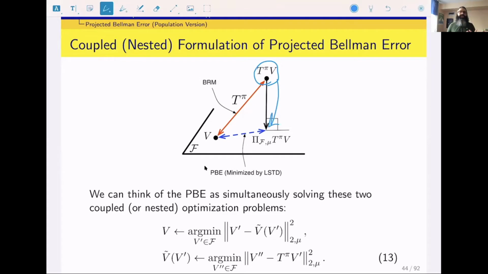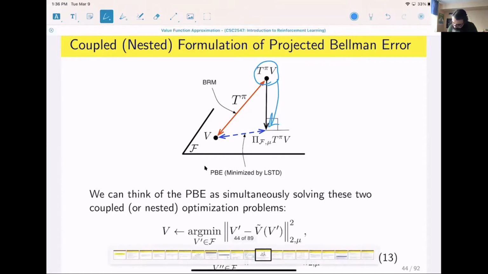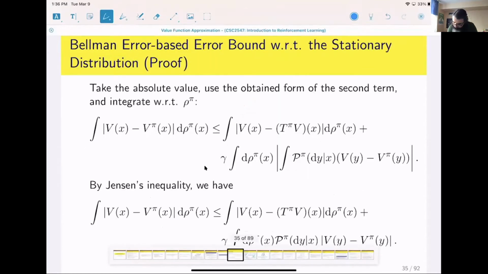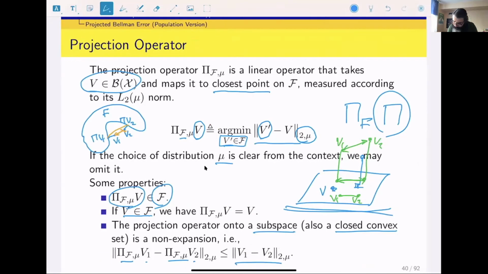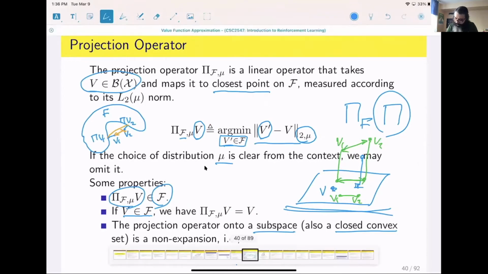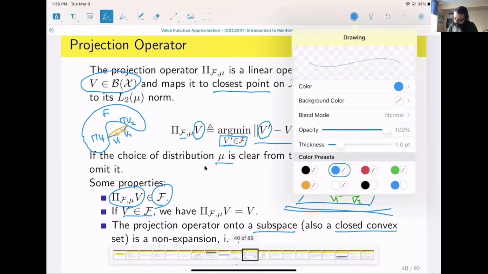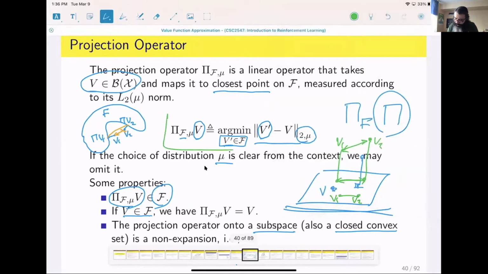Remember, projection is the point that minimizes the distance, and the distance is defined by some norm. So the projection operator itself, from a few slides ago, is defined as an optimization problem.